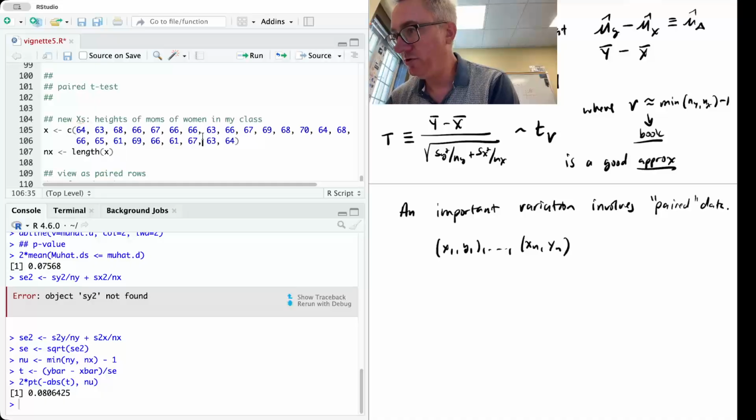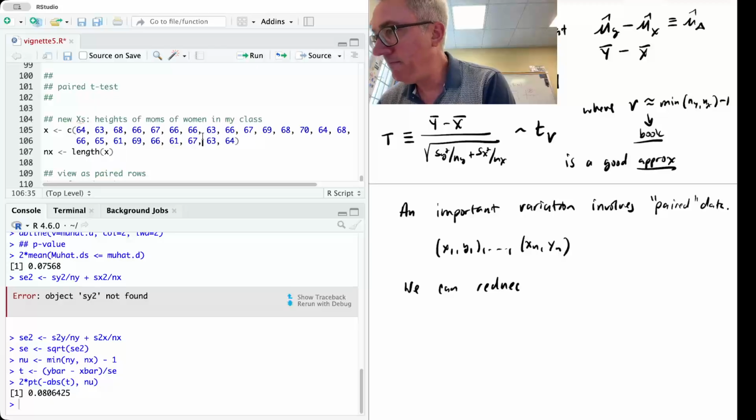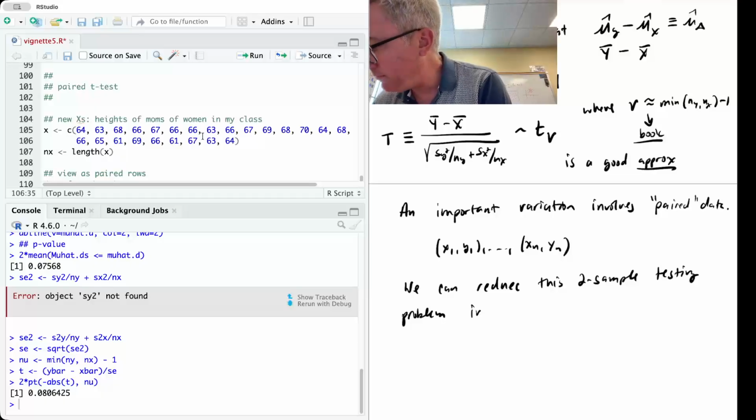Here's a kind of a cool trick. We can reduce this 2-sample testing problem into a 1-sample one.